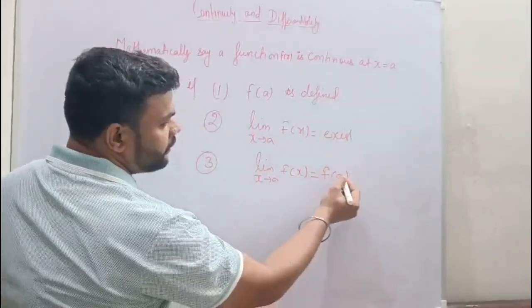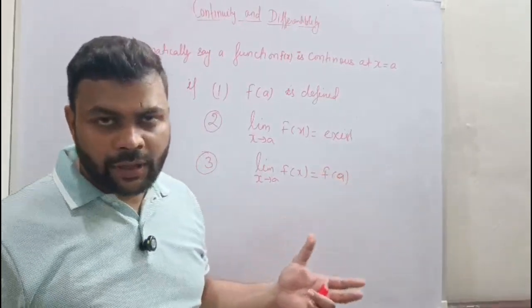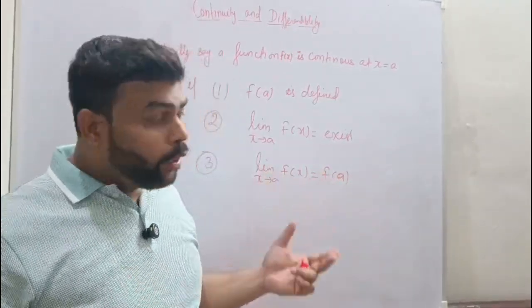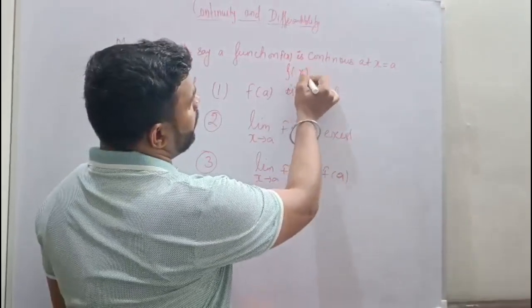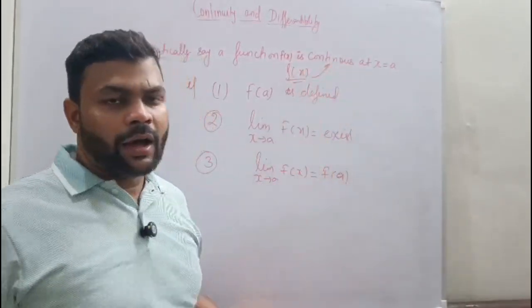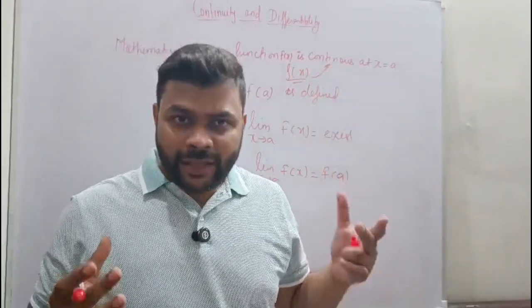If all these three conditions are satisfied, then only a function f(x) is continuous. Otherwise, the function is discontinuous.